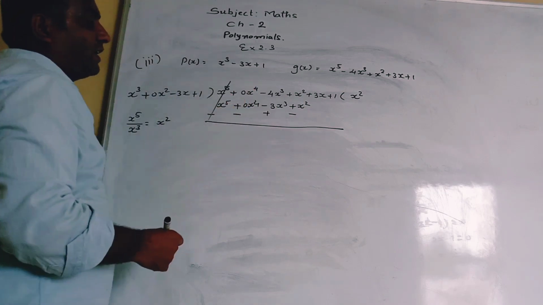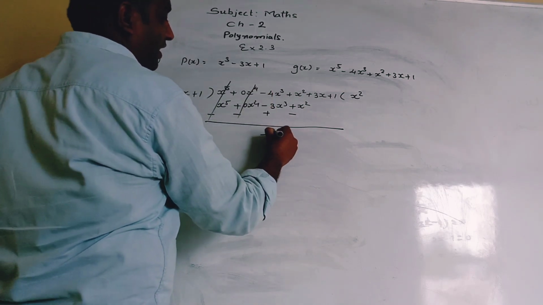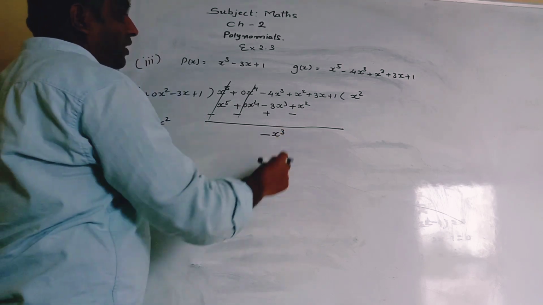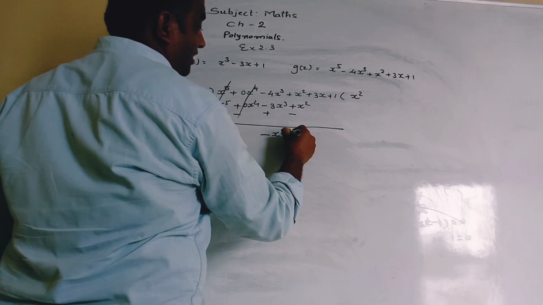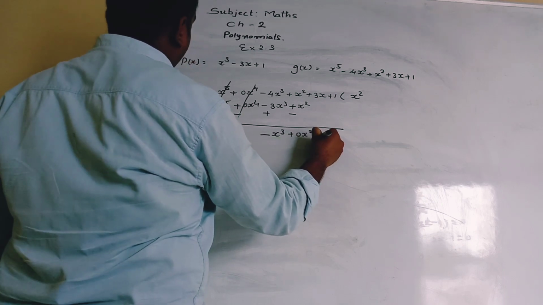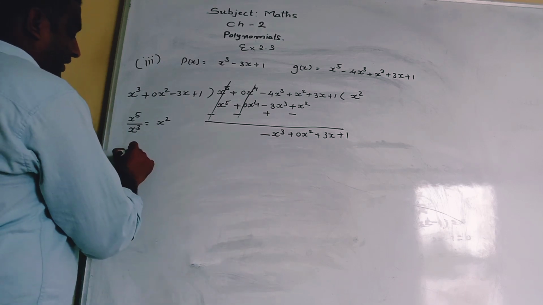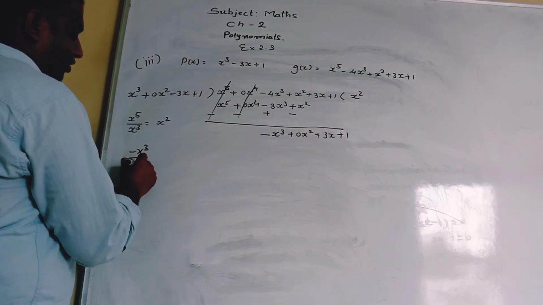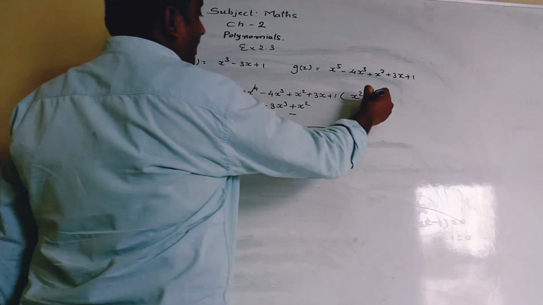So x raised to 5 cancels, 0x raised to 4 cancels, minus 4 plus 3 minus x cube plus x square minus x square, it is 0x square plus 3x plus 1. Now again, leading term minus x cube divided by x cube, then x cube cancels, minus 1, and so here we give minus 1.